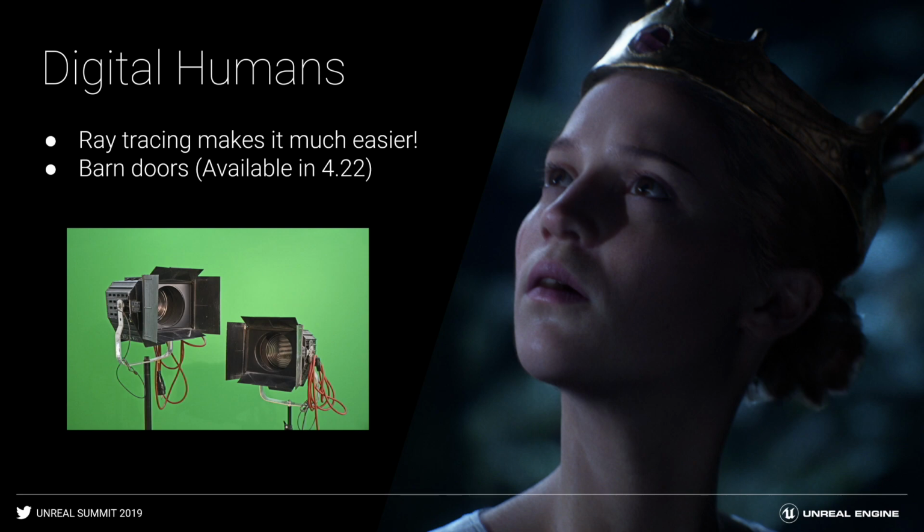The ability to use area lights with soft shadows helps them get a more realistic look. Also, during the demo, we had an artist request analytic barn doors. You can see in the picture, they're the little flaps on those lights like they would have on a film set. Those are part of 4.22 now. This is just another example of how, when we do these demos, we end up implementing features that help UE4 get better for everyone.